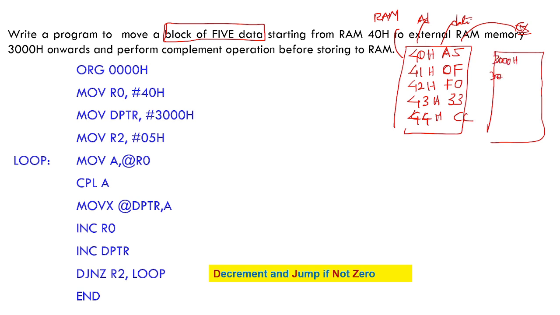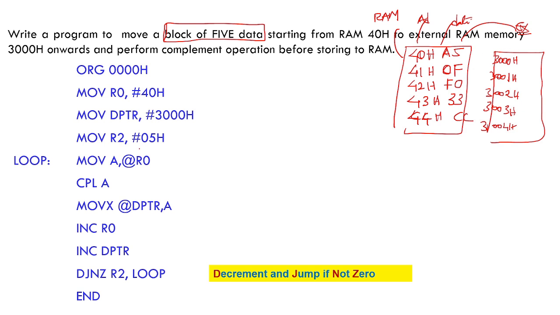So 3300, 3301, 3302, 3303, 3304. These are the addresses where we need to send the data from internal RAM to external RAM. This is a 16-bit address, so this is external memory connected with the 16-bit address.